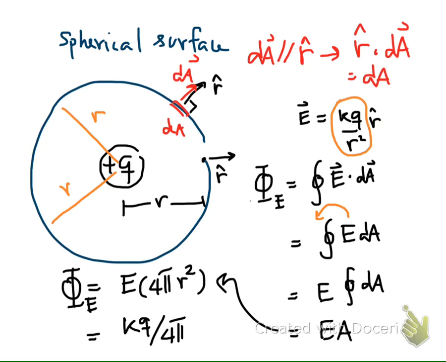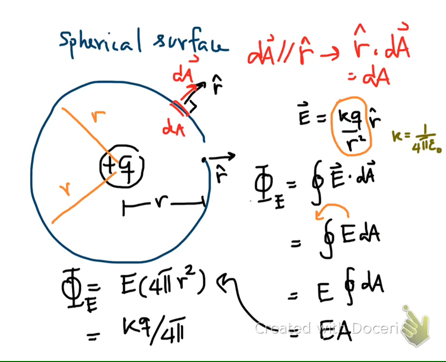But from the definition of K, we know that K is equal to 1 over 4 pi epsilon 0.